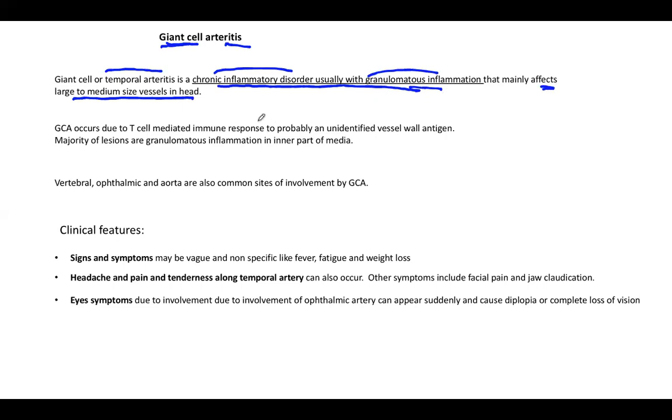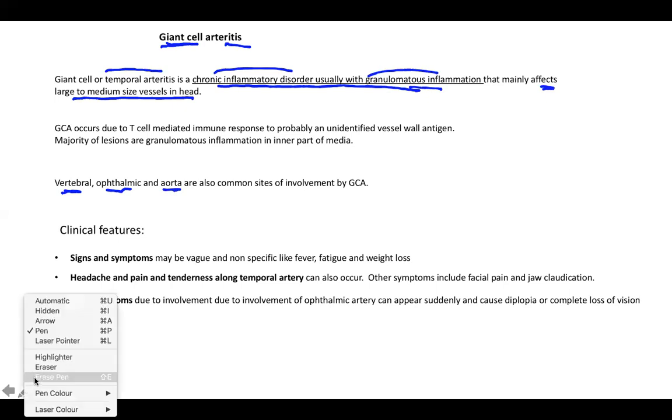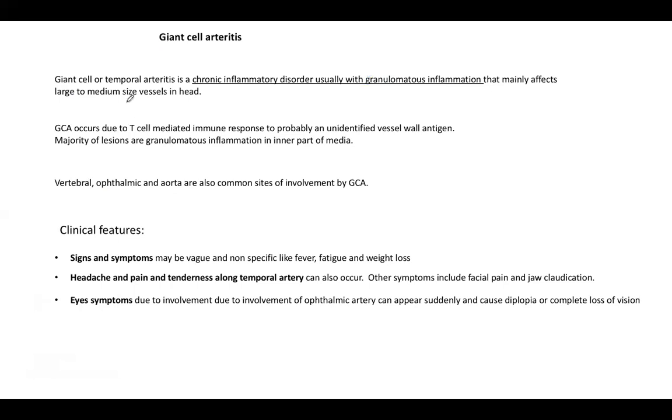So what are the vessels in the head? Vessels in the head and neck are the vertebral artery, ophthalmic artery, and also the aorta. The aorta is not in the head, but it usually affects that part, and it also affects the aorta. So it's large to medium size vessels.